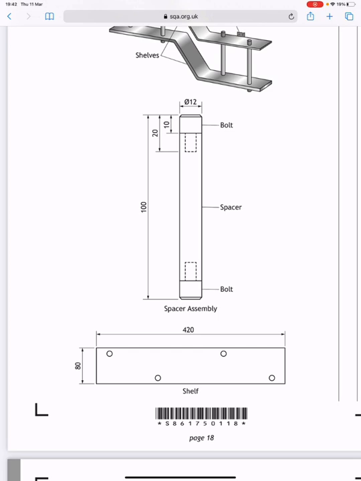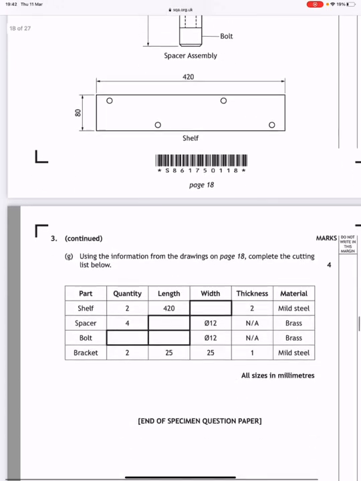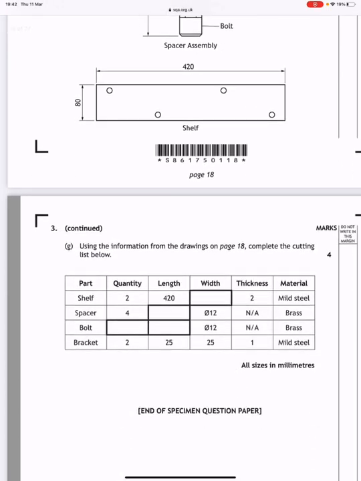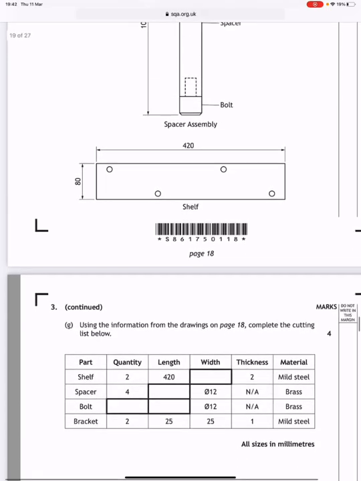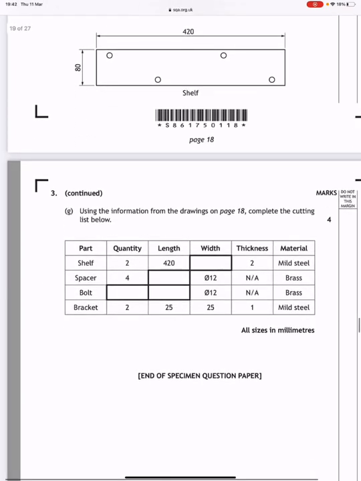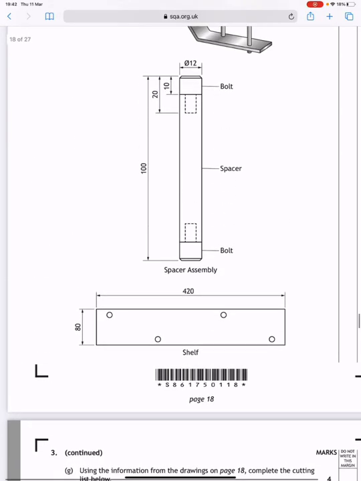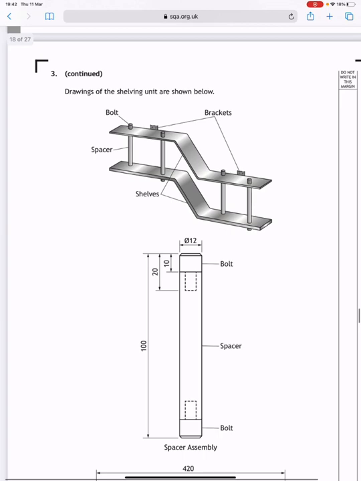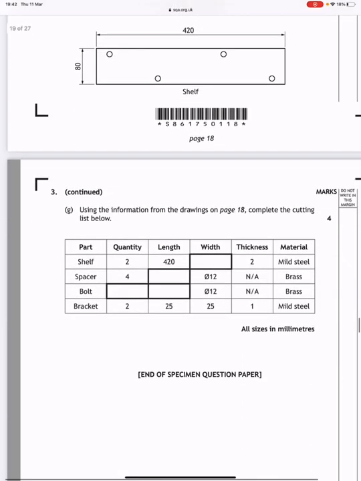So the actual spacer itself is 100, take away 10 and 10 for the two bolts, so that's 80mm. The bolts are 10, but then you've got the threaded bit, which is also 10, and it tells you actually it's 20, so it's 20mm long, and how many bolts would you need in this? You would need 2 per spacer, there's 4 spacers, so you need 8 bolts.